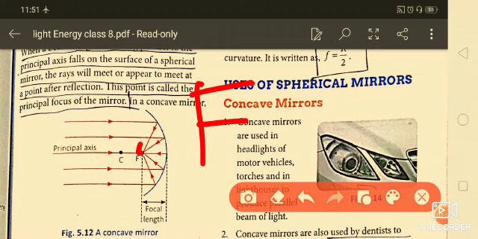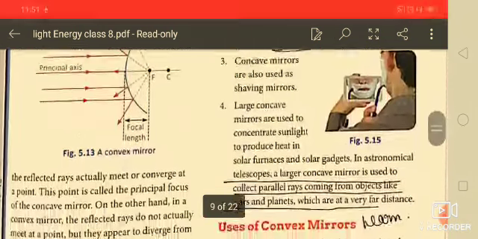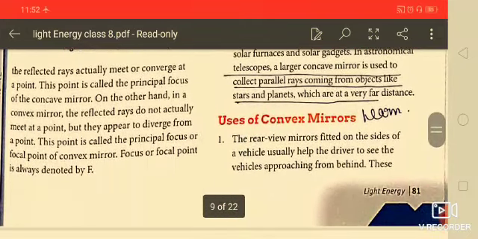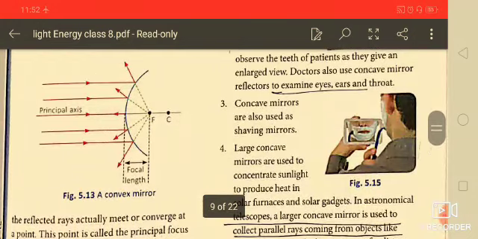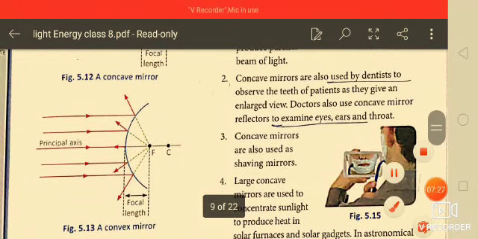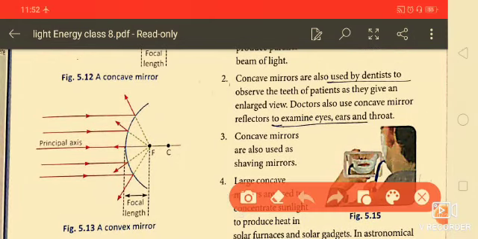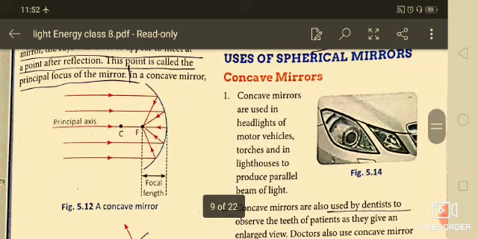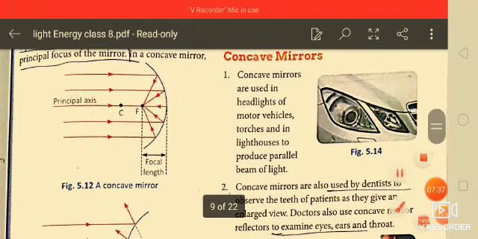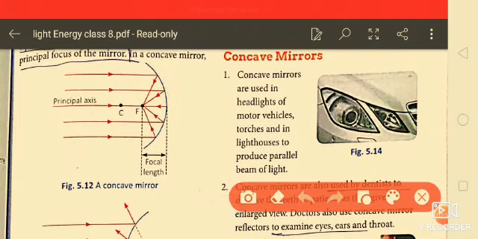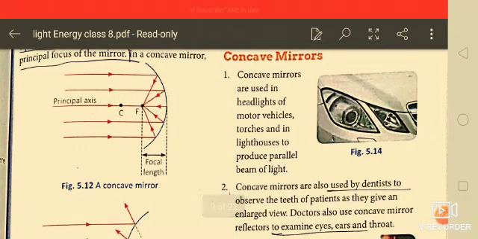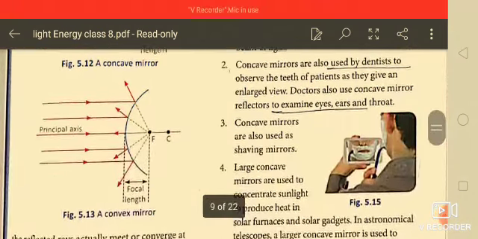In the concave mirror, the reflected rays actually meet or converge at a point. Here you are seeing the convex mirror, where the rays look like they are spreading apart, and in the concave mirror you are seeing that they meet at a point, that is the focus.